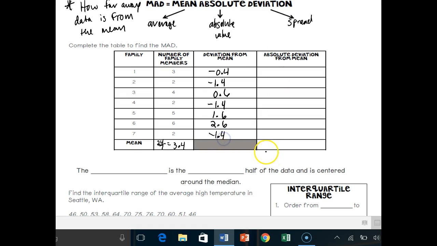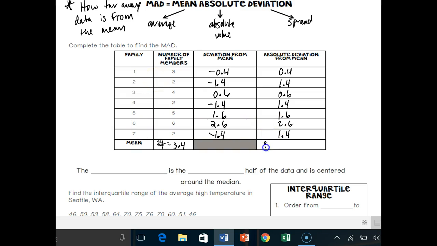Okay, so now we take the absolute value, meaning we just turn these negatives into positives. So 0.4, 1.4, 0.6 stays positive, 1.4, 1.6, 2.6, and 1.4. And now we'll take the average of this. We add them all up and divide by 7 because there are 7 rows.